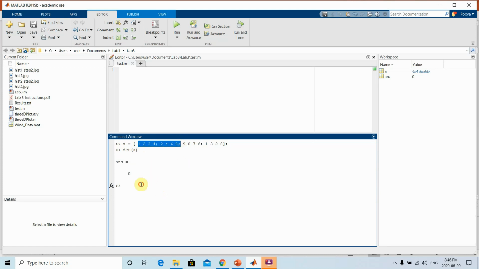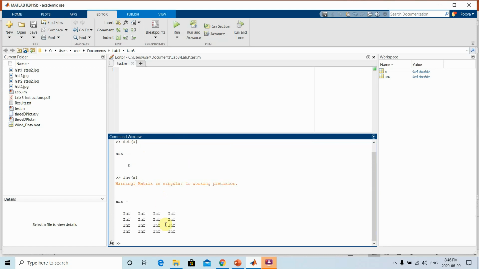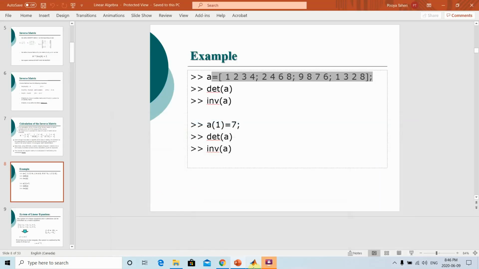We'll see that later. If I try to calculate the inverse of A, we see that the matrix is singular, and we get infinity for every element of that matrix.